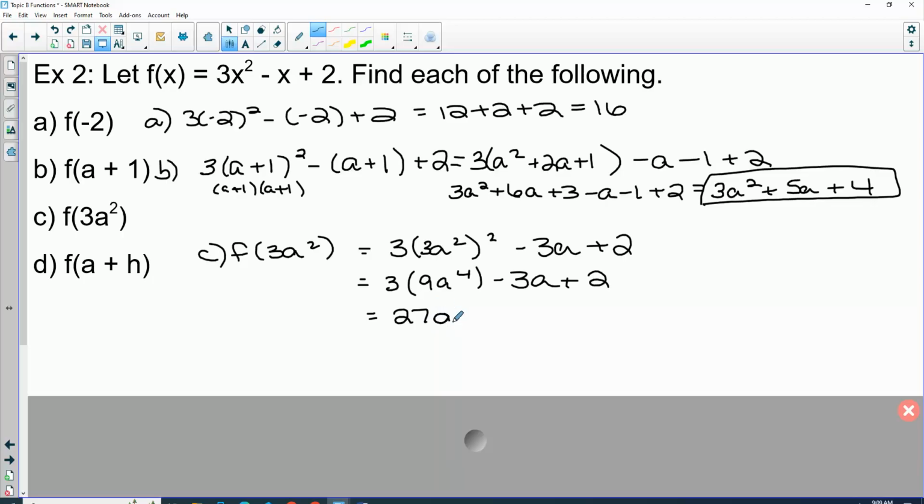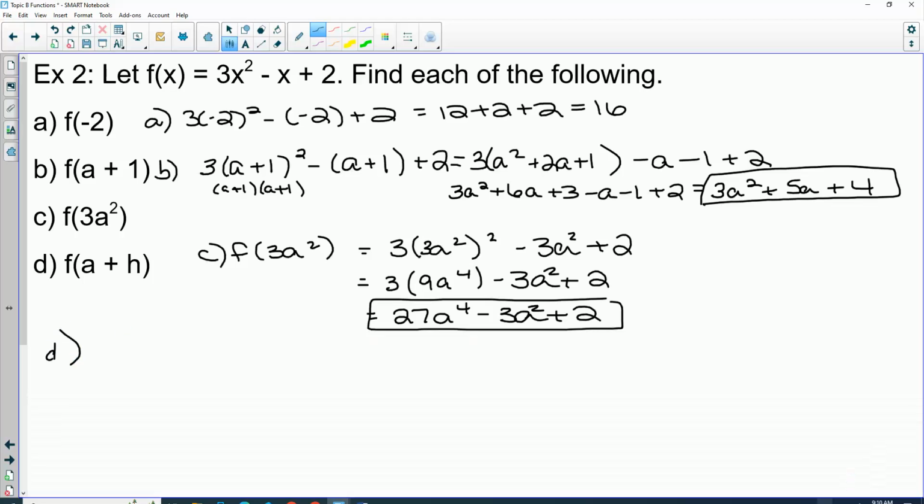So we get 27a to the 4th minus 3a squared plus 2. I want you guys to try D. So, replacing each of my x's with an a plus h.